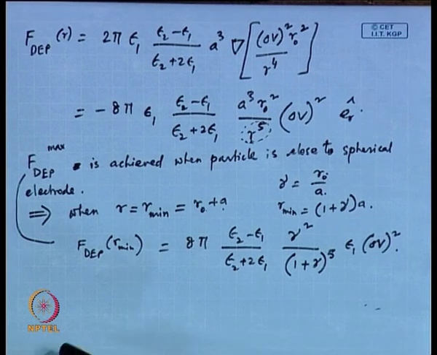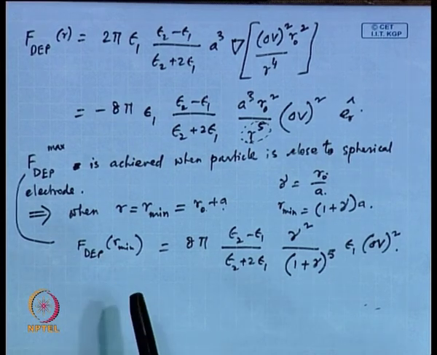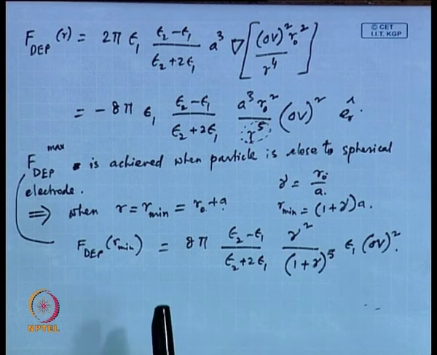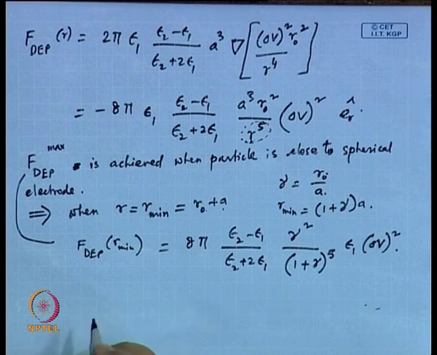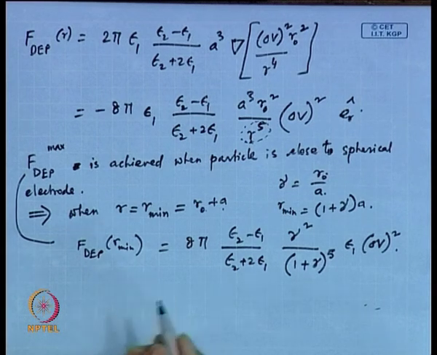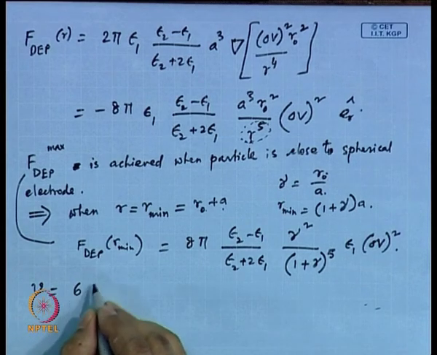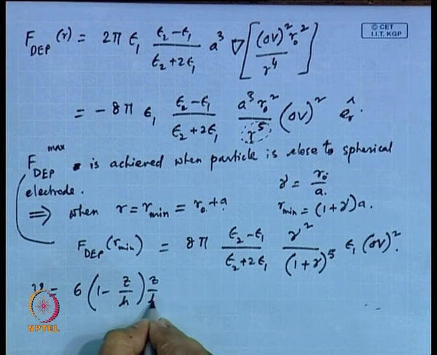Now, if somebody wants to find out the value of FDEP drag at that location, what he would do is, we considered this to be an infinite parallel plate. There we have considered the velocity to be equal to 6 into 1 minus z by h into z by h into v 0.